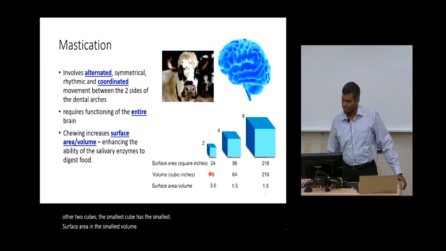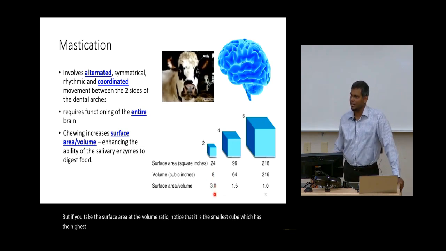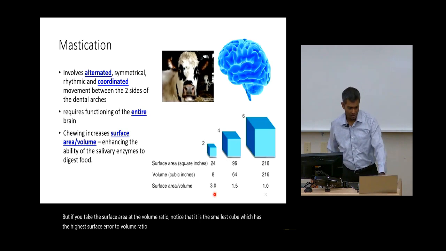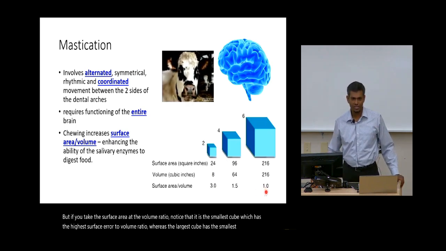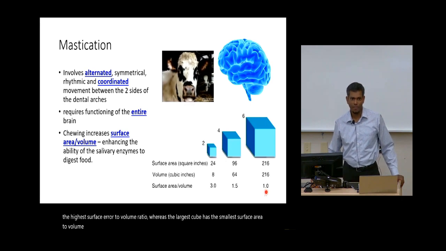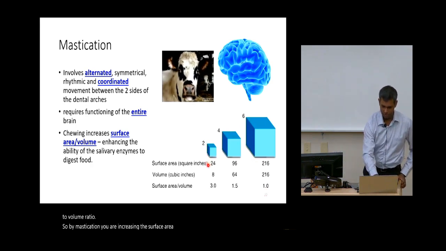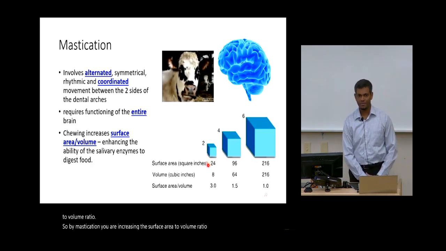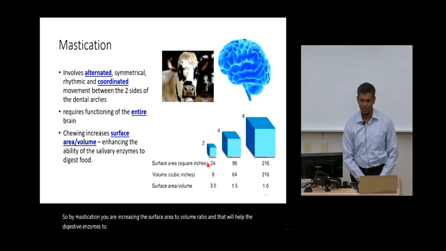But if you take the surface area to volume ratio, notice that it is the smallest cube which has the highest surface area to volume ratio, whereas the largest cube has the smallest surface area to volume ratio. Okay, so by mastication you are increasing the surface area to volume ratio, and that will help the digestive enzymes to better act on the food particles.